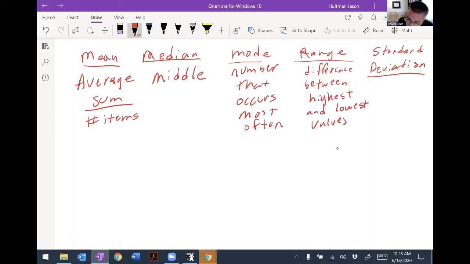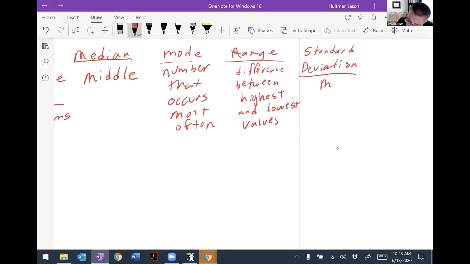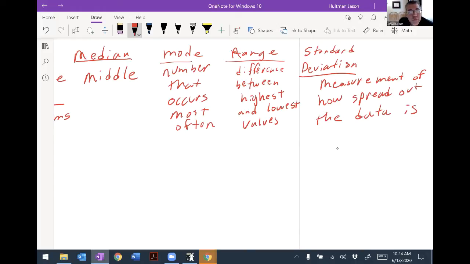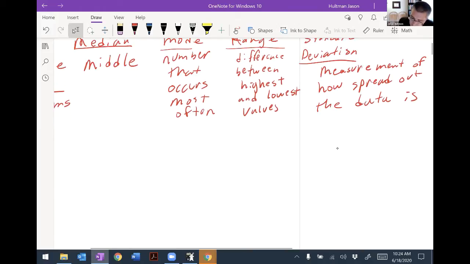Well, the standard deviation is a measurement of how spread out the data is. Okay, I'll give you a second to finish copying that down.